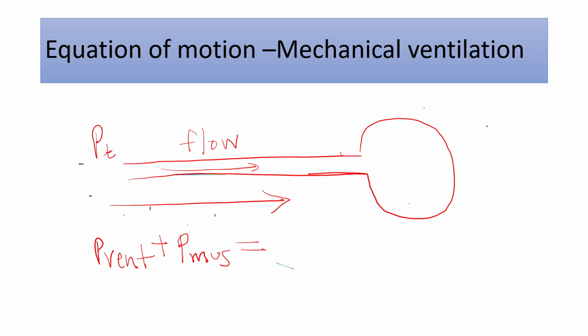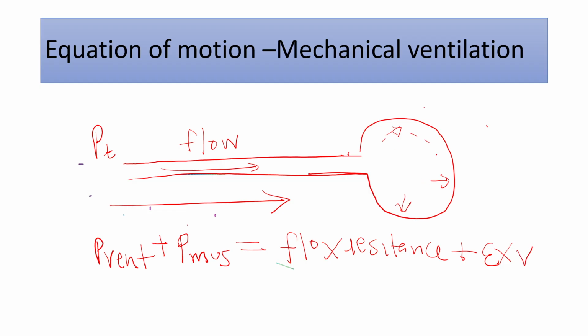There is a pressure drop, that is change in pressure, which is flow into resistance, plus the elastance, the ability of the alveoli to open, into volume, plus the amount of air which remains in the lung after expiration, that is positive end expiratory pressure.